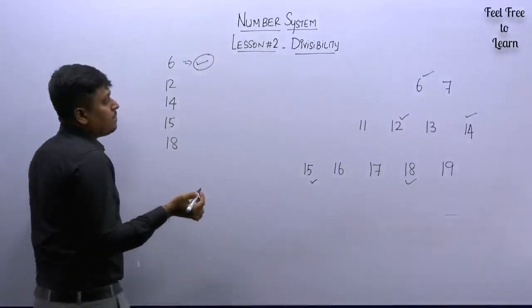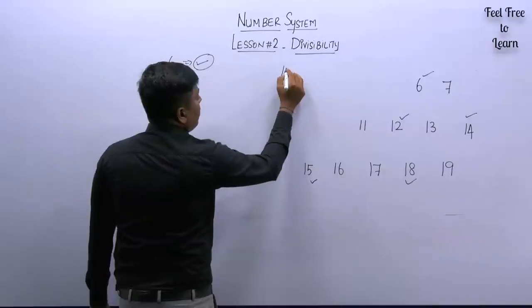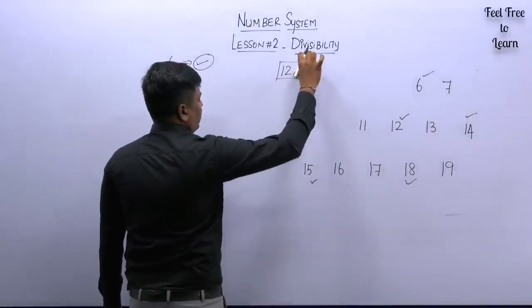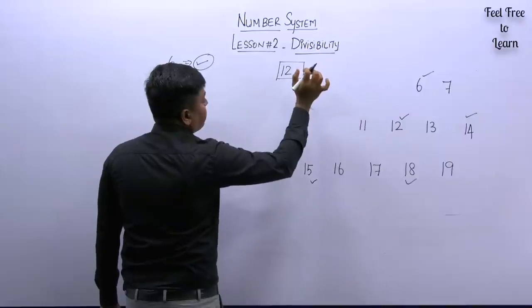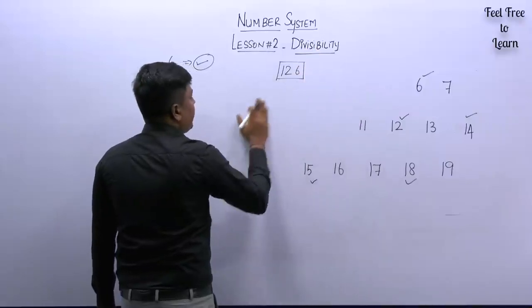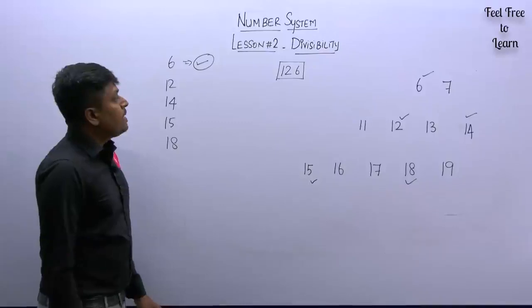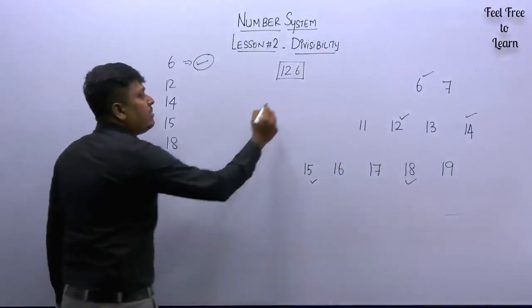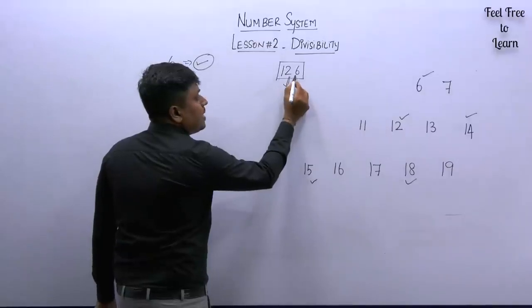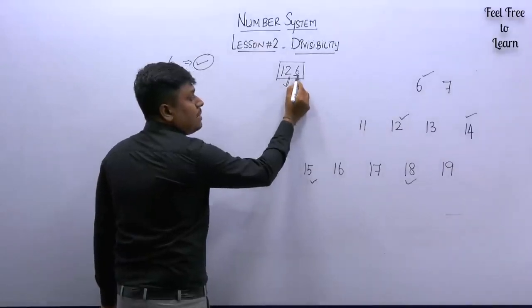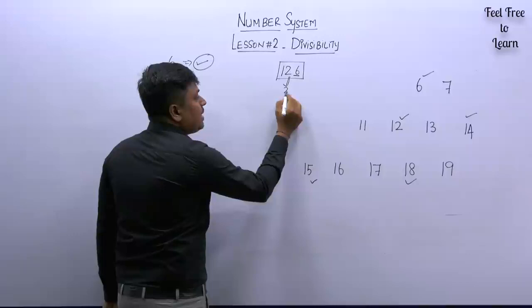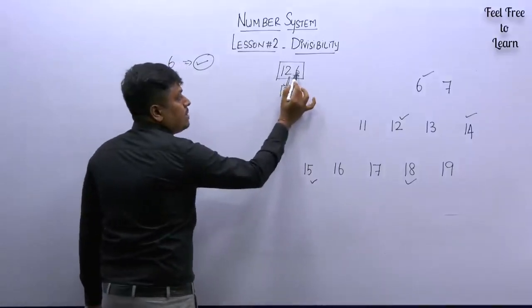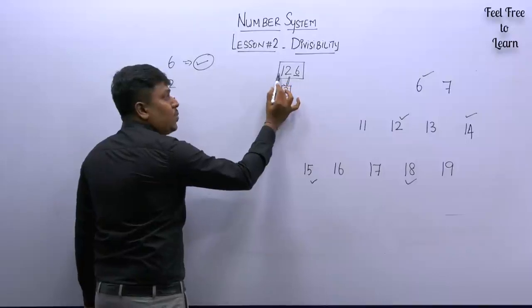Let me take one example. Let me take the number 126. This number 126 can be divided by 2, yes or no? Because the last digit of the given number is 6, an even number, so it can be divided by 2. Similarly, if you add all these digits, 6 plus 2 is 8, plus 1 will be 9.